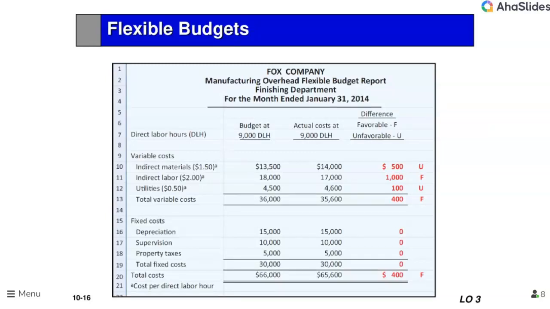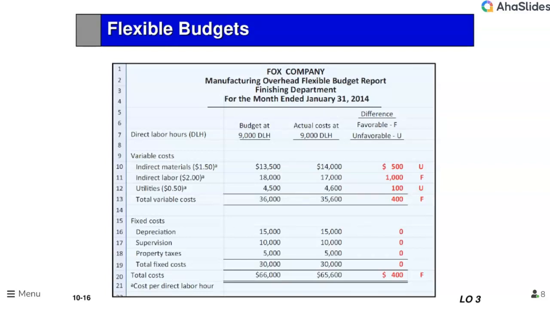Now we compare it to the actual. The actual says that we actually spent 14,000. So the difference is 500, and that variance is unfavorable. The actual direct labor was 17,000. We said 18, and again, okay, we come in under by 1,000, so it's favorable.